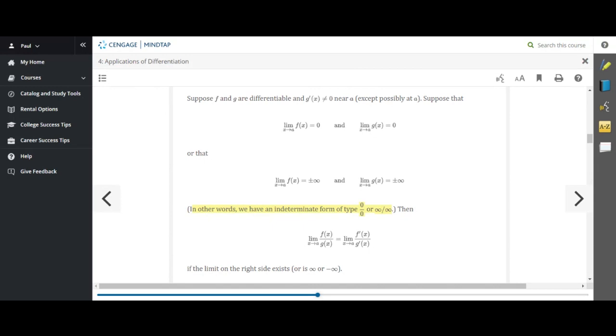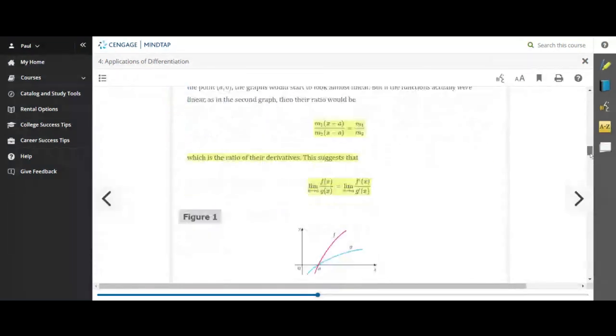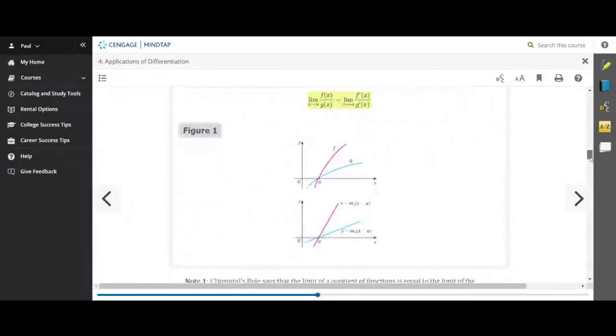It's an amazing result. And the reason it's true, they can justify it here based on figure 1. So let me talk about that real quick. In figure 1, you have two functions f and g, the pink and the purple and the blue function.